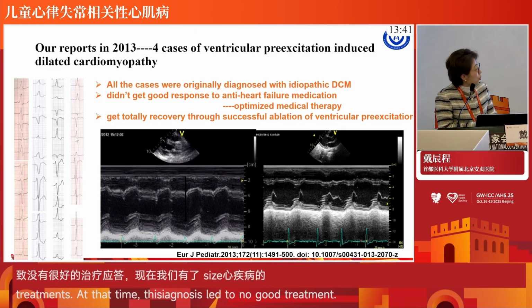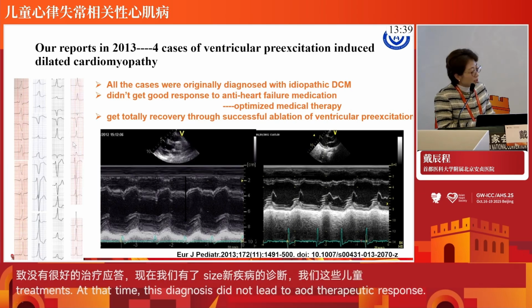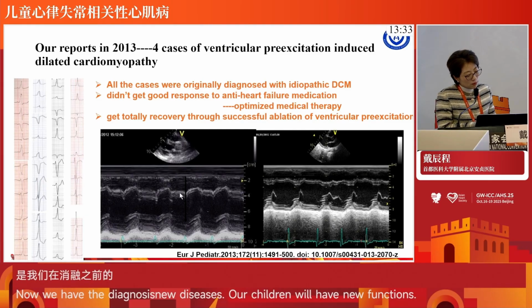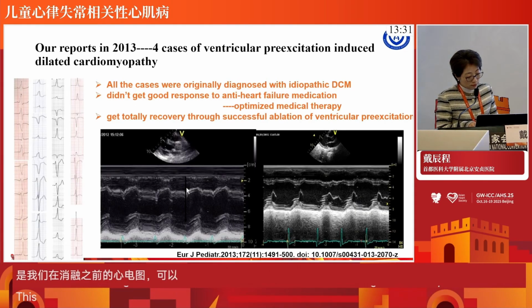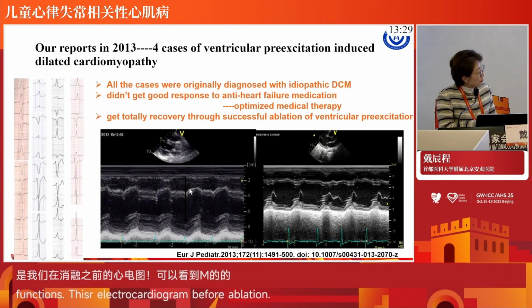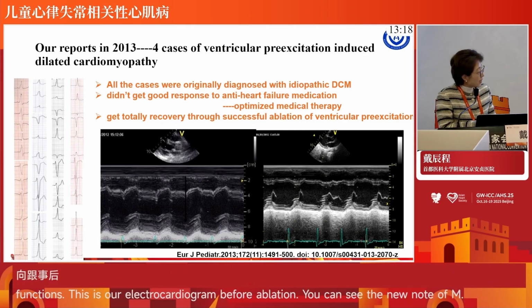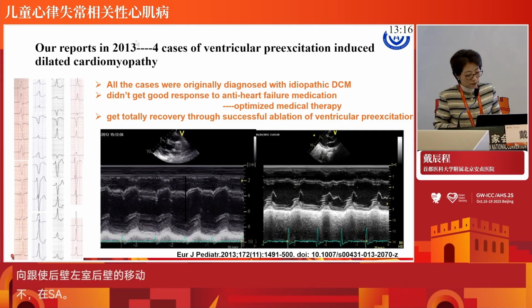These are the ECGs before ablation, and from M-mode echo, we can see the interventricular septum moved in the same direction with the posterior wall of the left ventricle. They are moved toward the same direction.